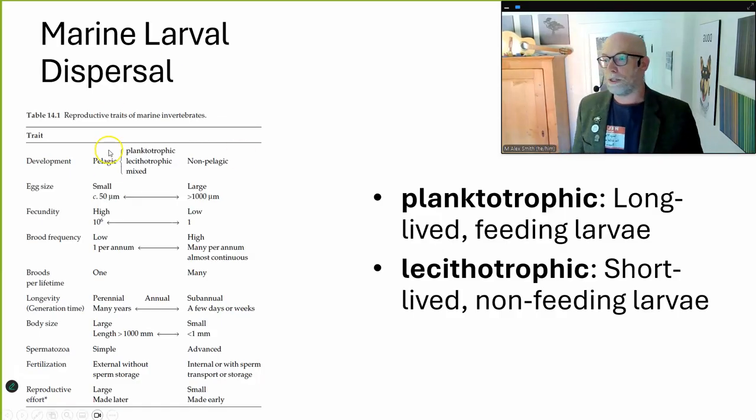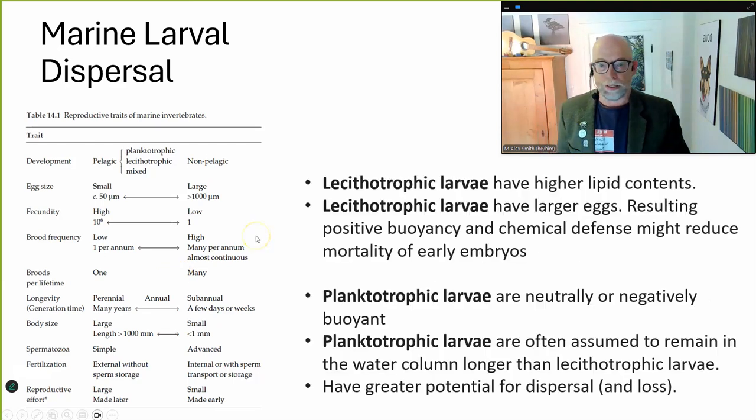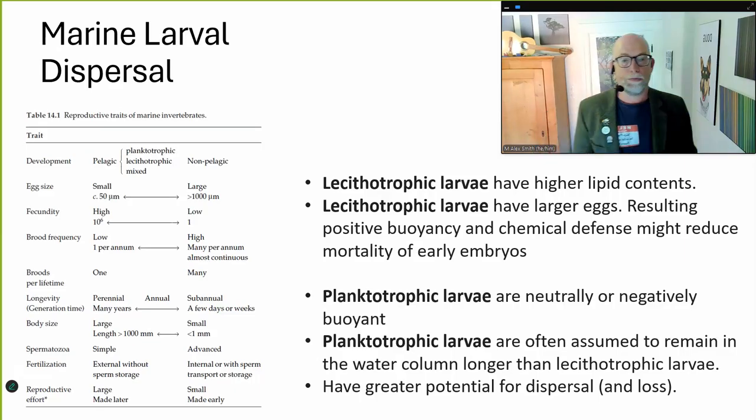And there's a whole bunch of different population traits that we talked about. The lecithotrophic, non-feeding larvae have a higher lipid content, a larger egg, chemical defenses, and a positive buoyancy, whereas planktotrophic larvae are often assumed to remain in the water column longer than lecithotrophic larvae, and they have a greater potential for dispersal or loss.